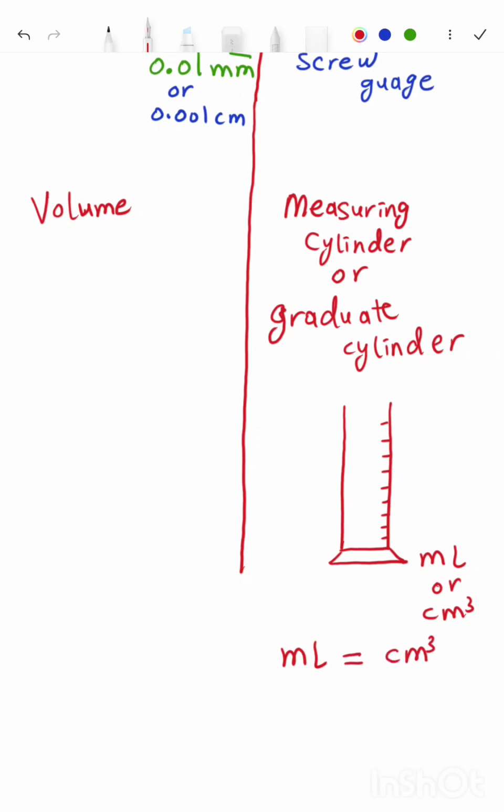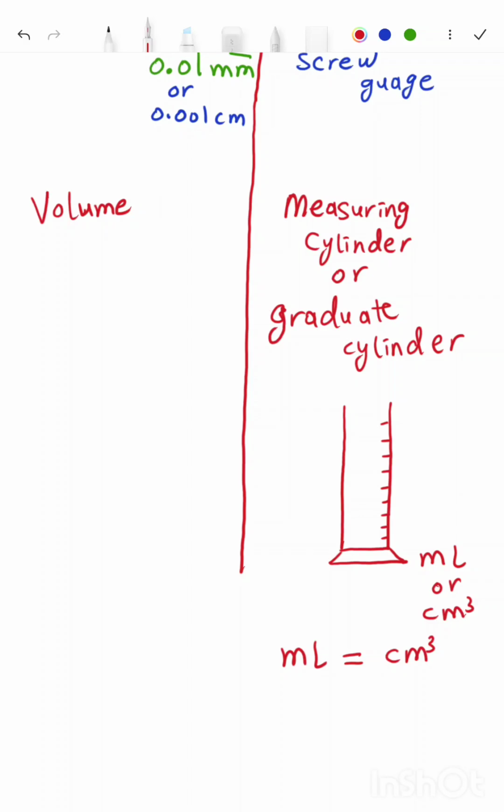So this means that we can use either unit to measure the volume of, let's suppose, a liquid, although the standard international unit for measuring volume is the cubic meter.